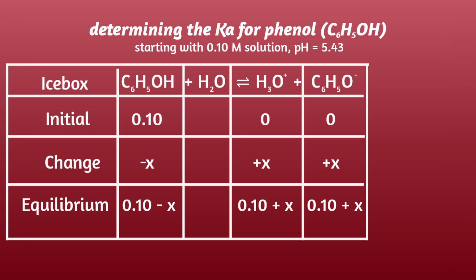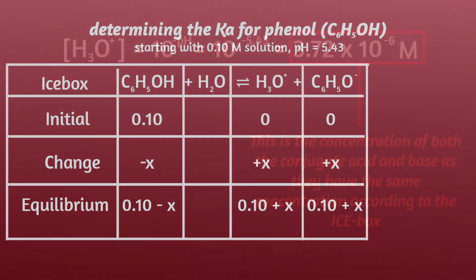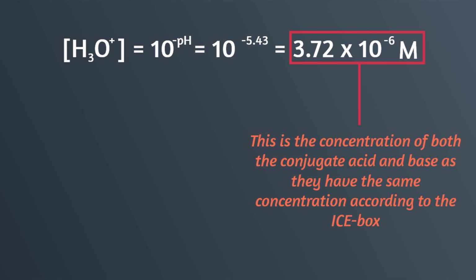Here, these are the values, and we can use an ICE box as we know it, and we can use the pH to calculate the hydronium concentration. The hydronium concentration is 10 to the negative pH, which is 10 to the negative 5.43, which is 3.72 times 10 to the negative 6 molar.